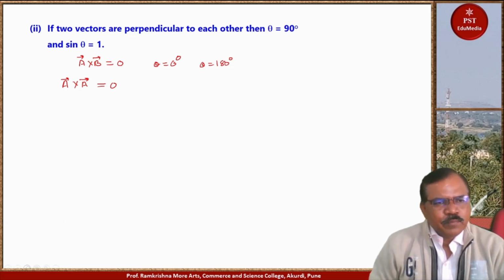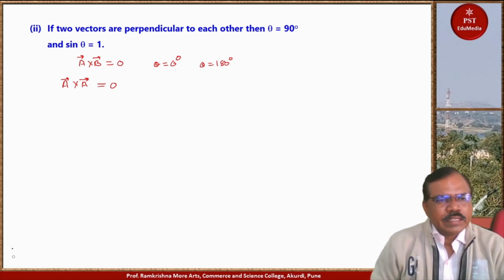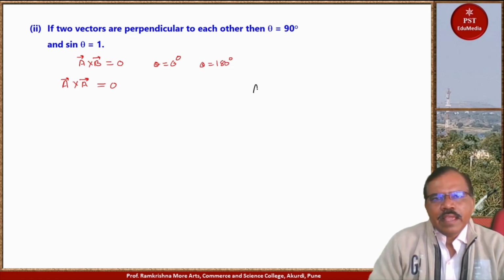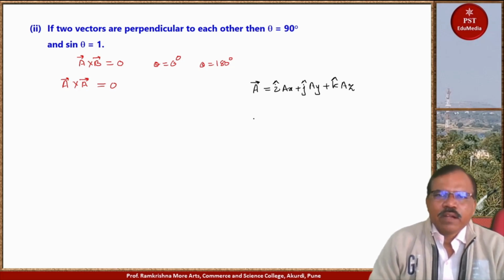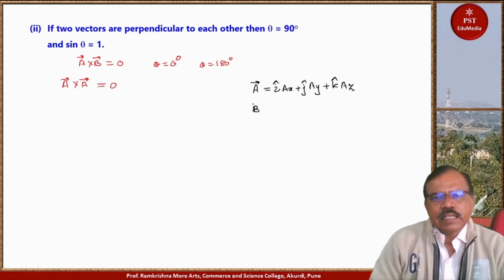Now see here, if we take two vectors, A as i ax plus j ay plus k az. This is first vector in terms of rectangular components, and this is second vector B is equal to i bx plus j by plus k bz.